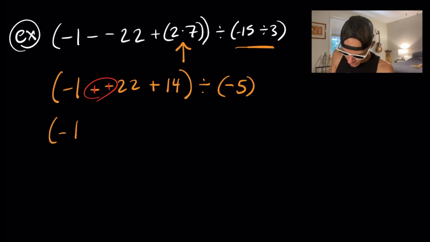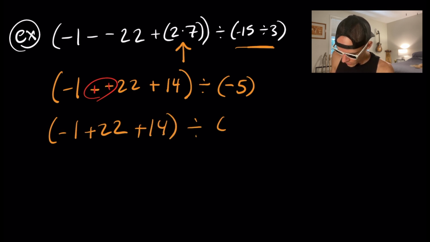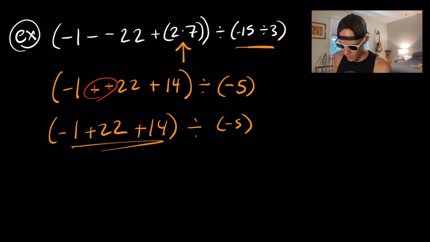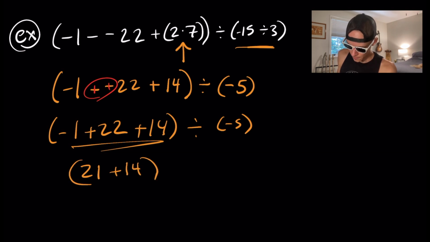So really this is negative 1 plus 22 plus 14 divided by negative 5. So let's do everything in here. Negative 1 plus 22, or we could think of it as 22 minus 1, is going to be 21, and then plus 14 divided by negative 5.